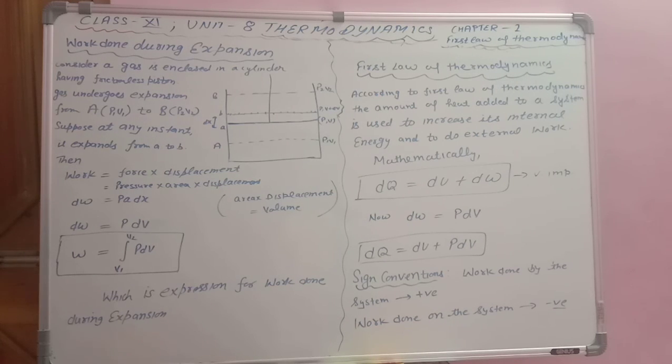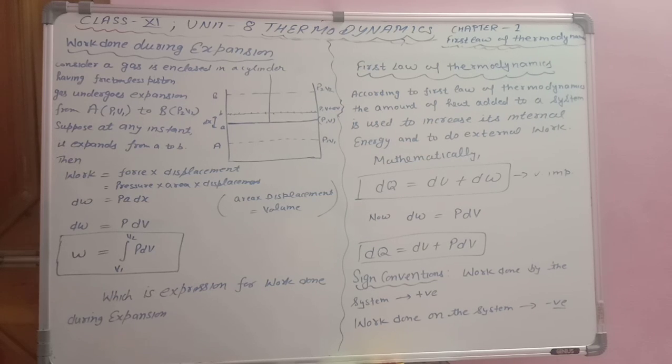This first law of thermodynamics is equivalent to the law of conservation of energy, which you have studied in your 9th standard. Once again, the first law of thermodynamics is equivalent to conservation of energy. But this doesn't mean that whenever I ask the first law of thermodynamics, you will write the definition of conservation of energy.